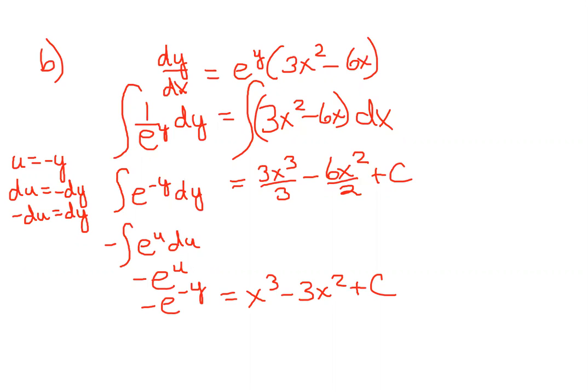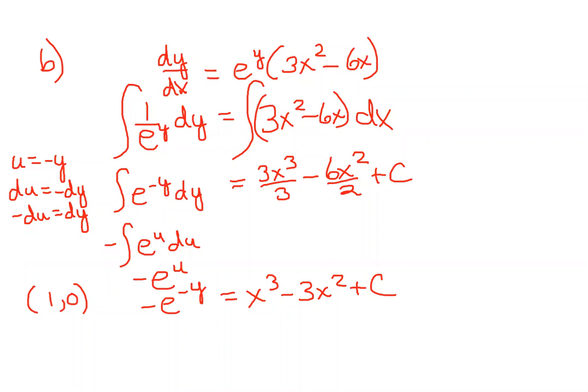I have to solve for y. At some point, I have to find c. So before I do anything else, I'm going to substitute in my point. My point is 1, 0.